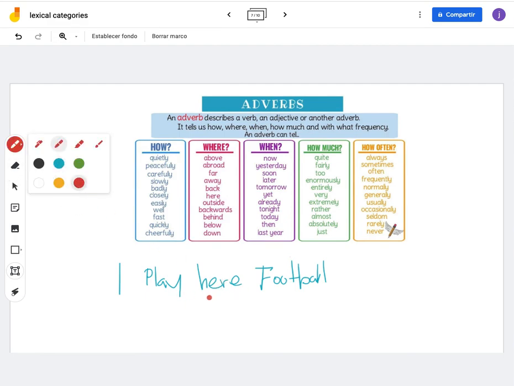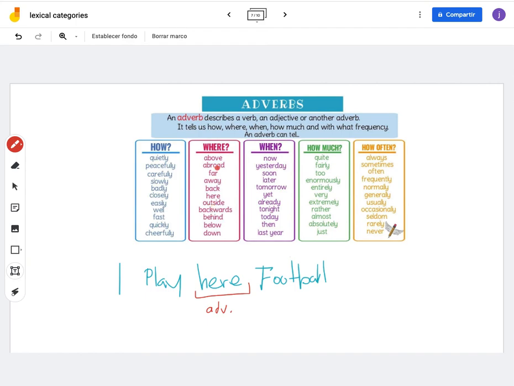I'm going to choose another color. Okay, well, we can see that the word here is the adverb because it describes where I play football. So the word here, we can see in this part, where, yes, here is a kind of adverb.